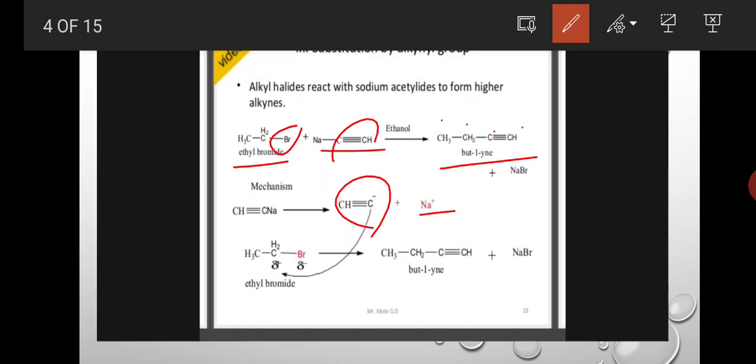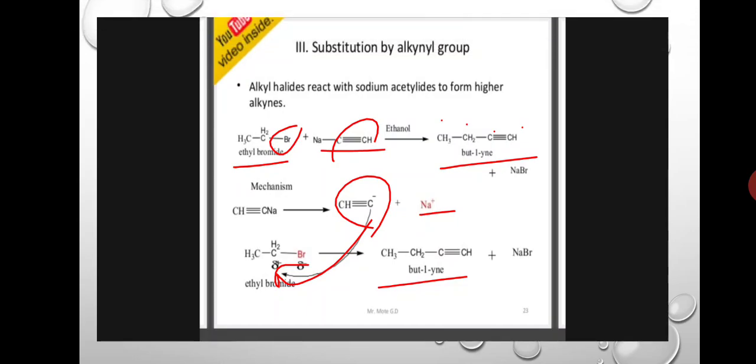This acetylide nucleophile attacks the alkyl halide carbon, and bromine is eliminated outside. And what is the product here? CH3CH2C triple bond CH, that is but-1-yne, plus NaBr. This is the reaction of substitution by alkynyl group.